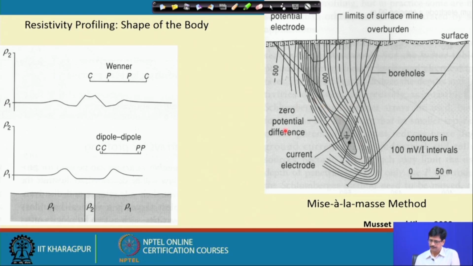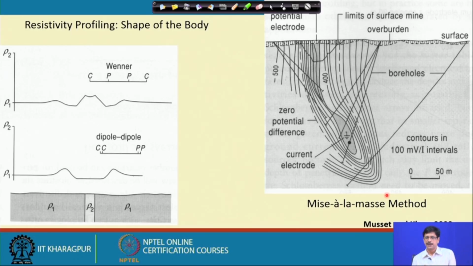There is a method which is applied in many case histories of discovery of mineral deposits by electrical methods. This is known as the mise-à-la-masse method.